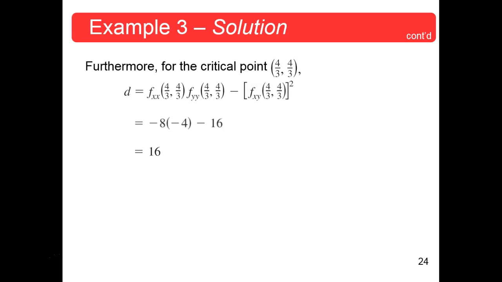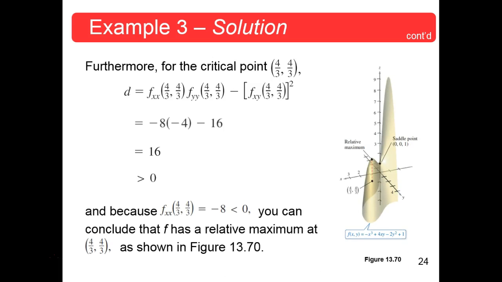So that means it's either going to be a relative maximum or a relative minimum. Which will it be? Look at your L sub xx at 4/3, 4/3. That's negative 8. Less than 0, so you can conclude it's a relative maximum at that point.